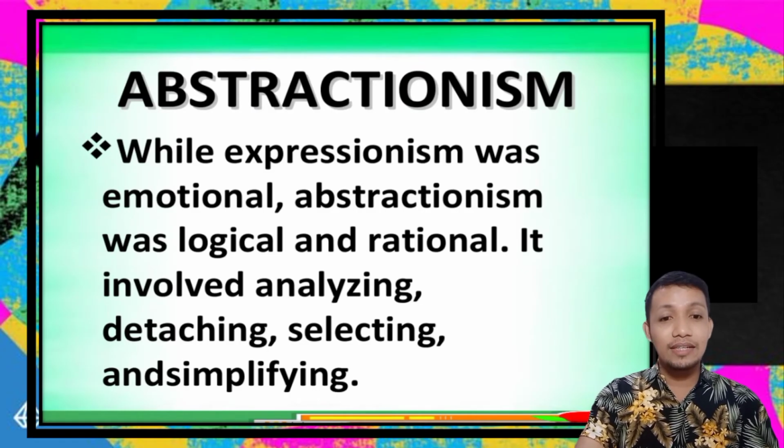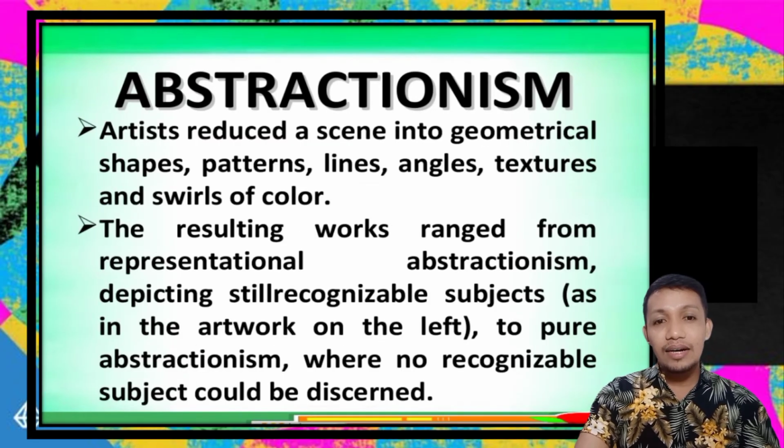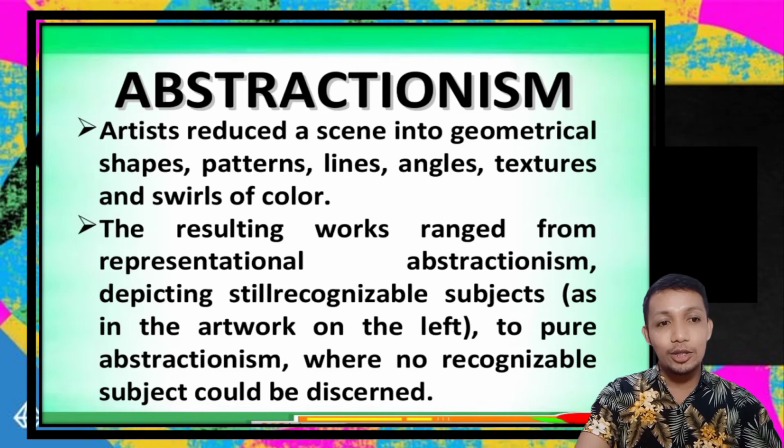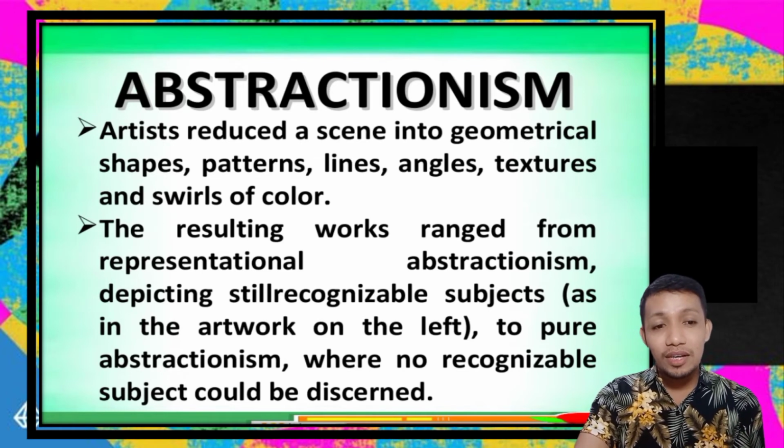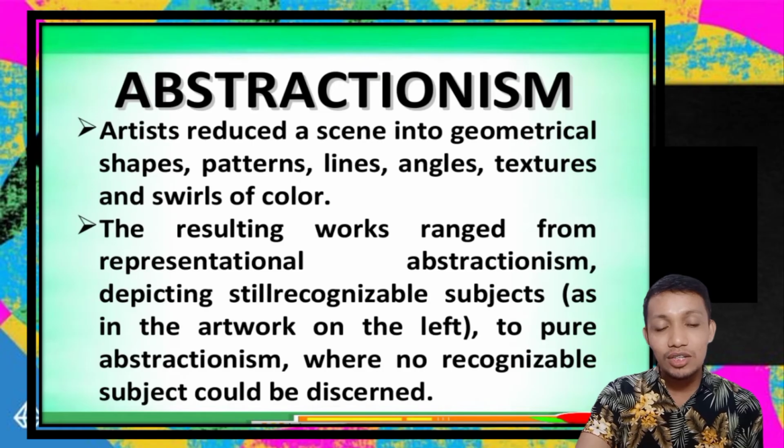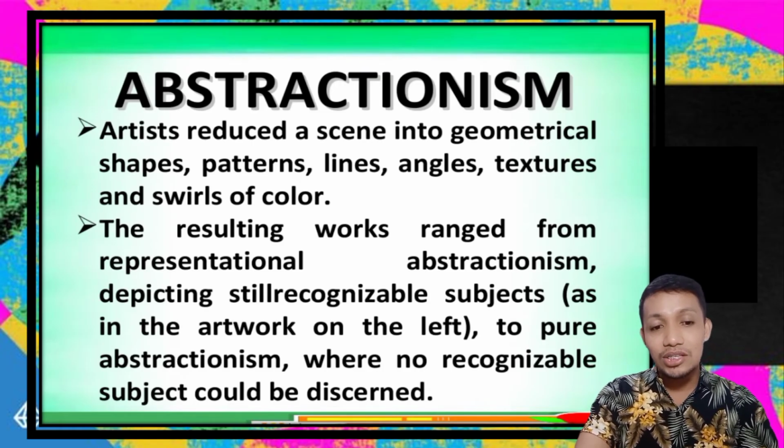It involves analyzing, detaching, selecting, and simplifying. Artists reduce a scene into geometrical shapes, patterns, lines, angles, textures, and swirls of color. The resulting works range from representational abstractionism, depicting still recognizable subjects, to pure abstractionism where no recognizable subject could be discerned.